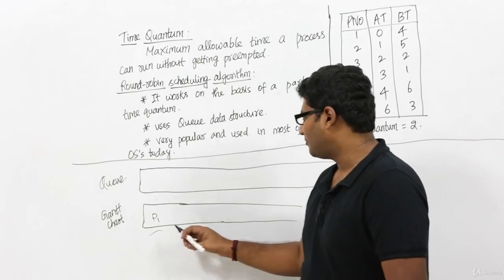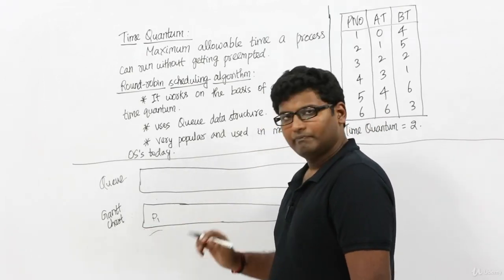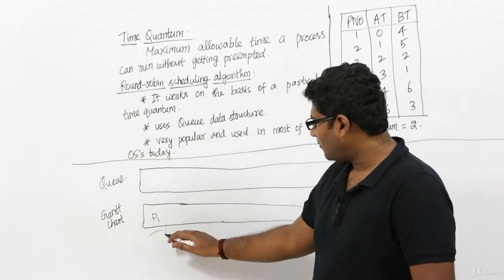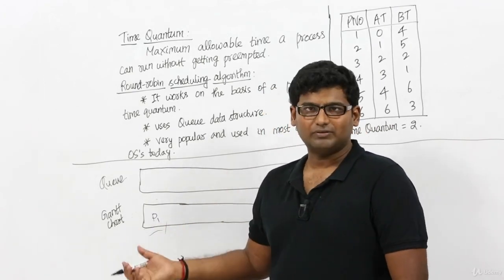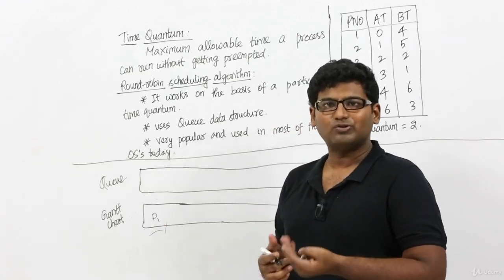For example, if P1 is executing, either we execute P1 completely or we preempt P1 because some other high priority process has come, and then we schedule some other process, say P2. That's what we have been doing so far.